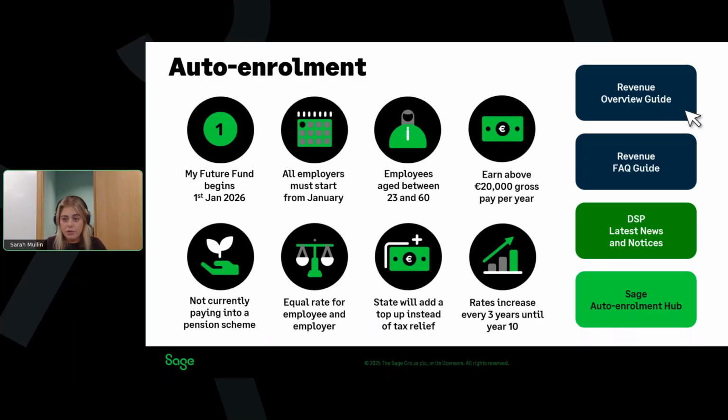Now your eligible employees are aged 23 to 60, and they'll be earning above €20,000. It's capped at €80,000 gross pay, calculated on gross and deducted from net. And remember, opt-out and suspension options are available for the employees as well.